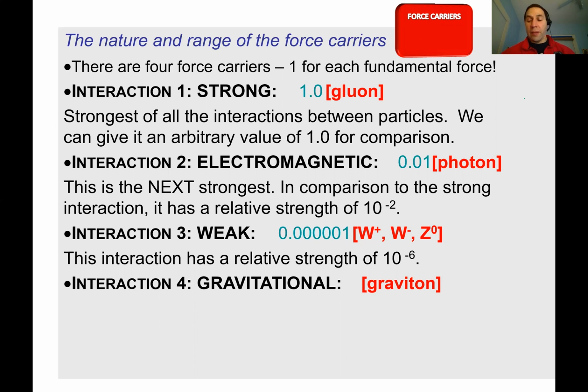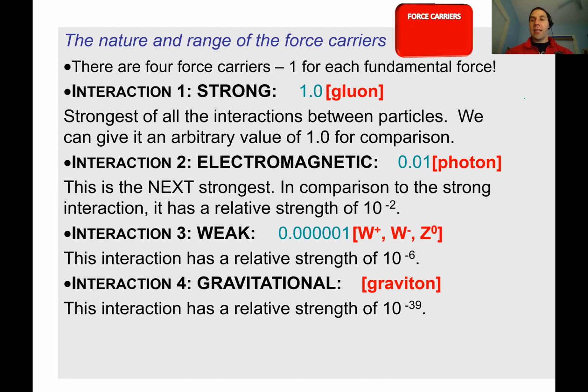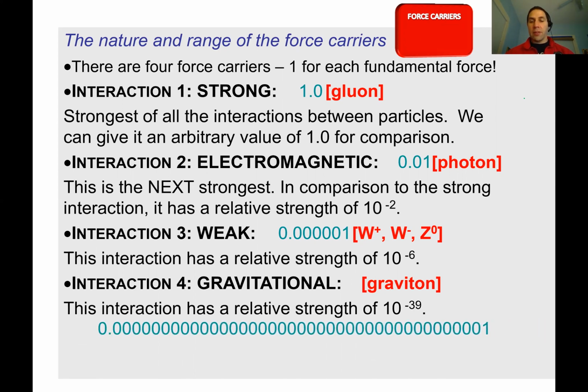Pause this video, make a prediction. Here it is. It's 10 to the negative 39. That is 0.0 with 38 zeros and then a 1. Here, I'll show you. Looks like that, okay? Gravity is extremely weak in comparison to the strong force, which is a really fascinating idea.